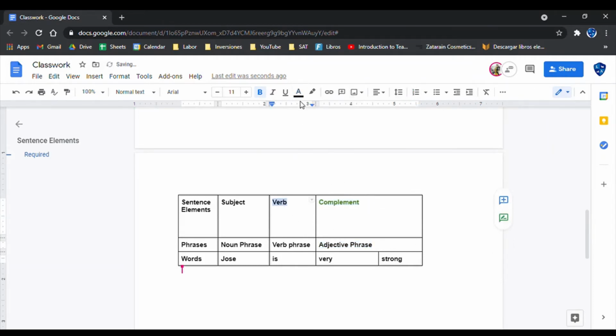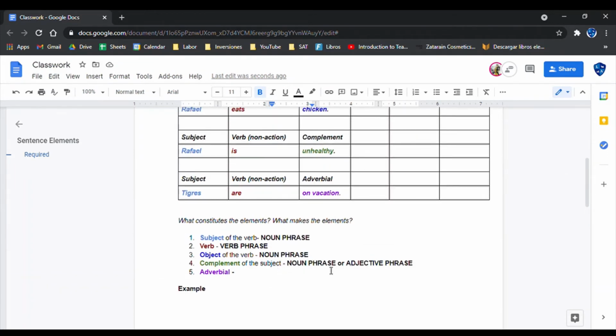It can never be an adverbial. Okay. So we have subject, verb, complement are the elements, and they are made up of a noun phrase, a verb phrase, and an adjective phrase.